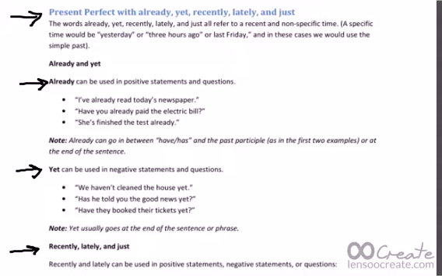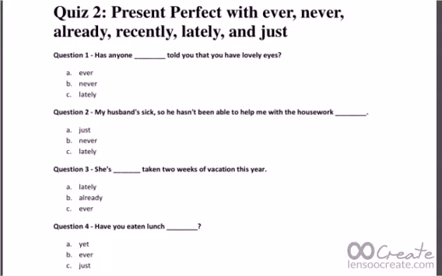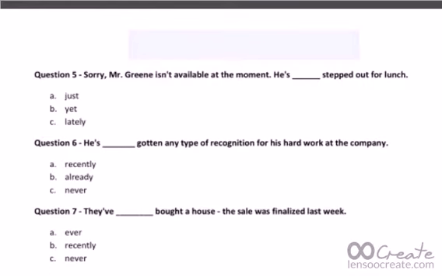Okay? Make sure you check the examples before you complete this second quiz or this second practice that you also have to complete on a piece of paper. Make sure you number questions 1 through 7.